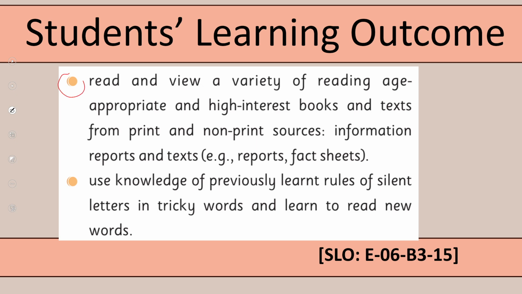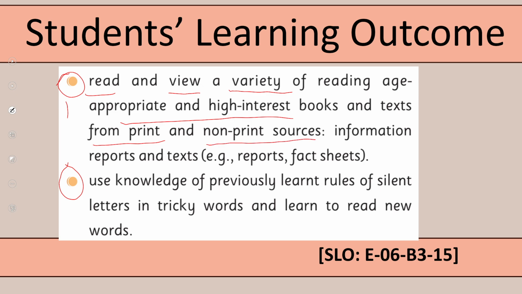Today we have two SLOs of reading merged into one. First one is: read and view a variety of reading age-appropriate and high interest books and texts from print and non-print sources.